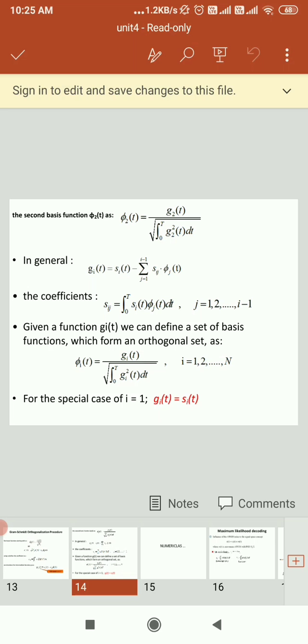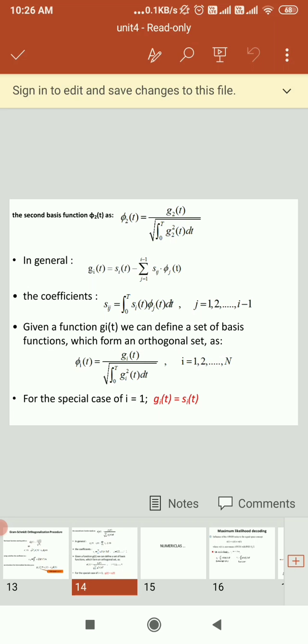So we can take phi i of t equal to gi of t upon square root of integration 0 to t of gi square of t dt, where i will be 1, 2 up to n.